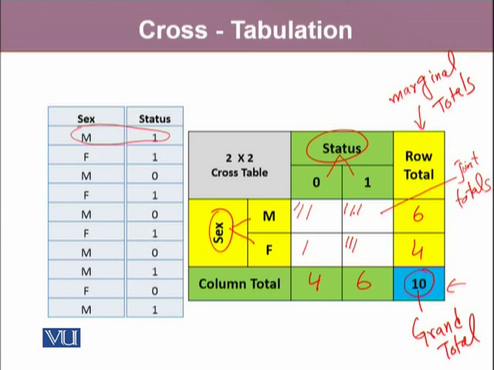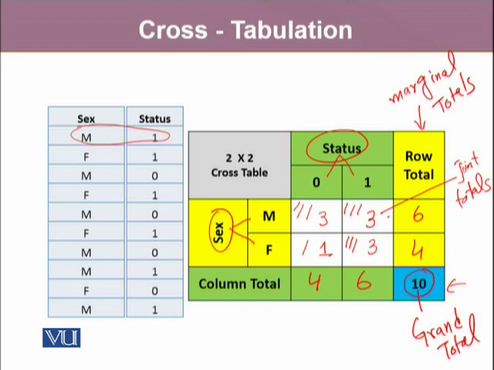So if we look at this data, we can see that there are 3 individuals who are male and have status 0. In the same way, there are 3 males who have status 1, and only a single female with status 0 and 3 females with status 1.